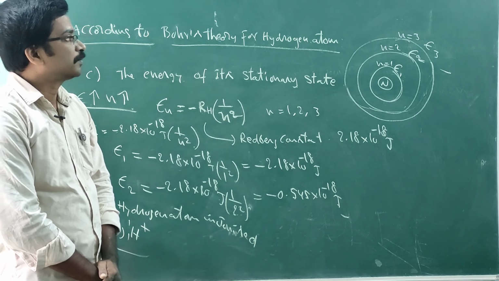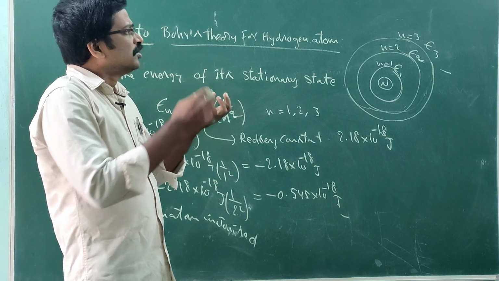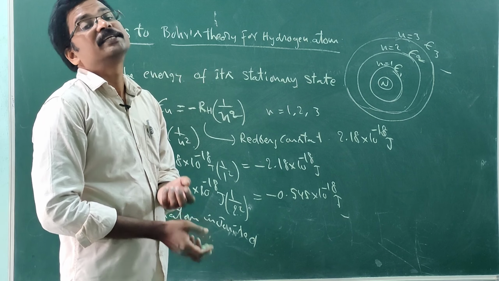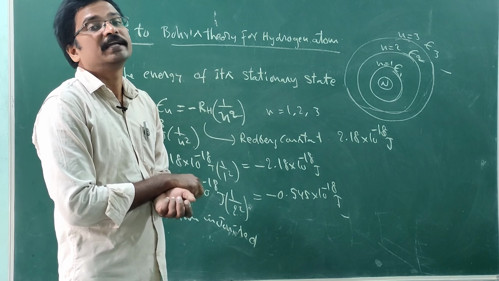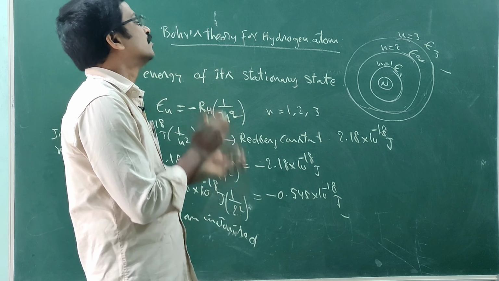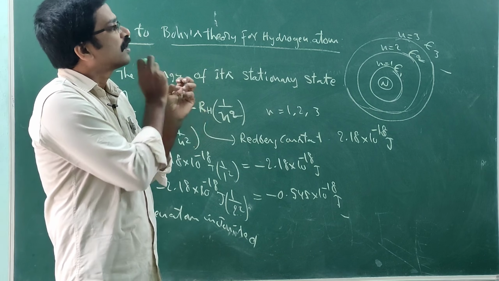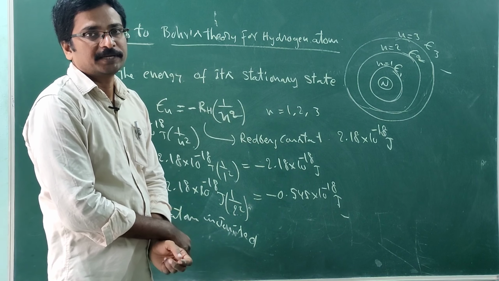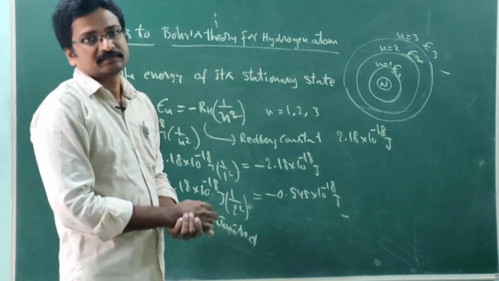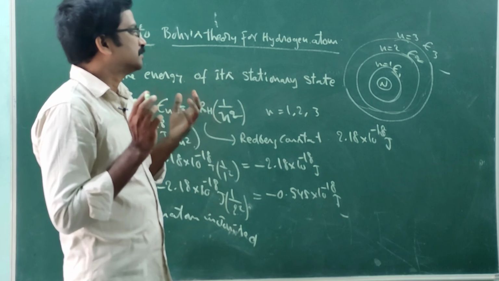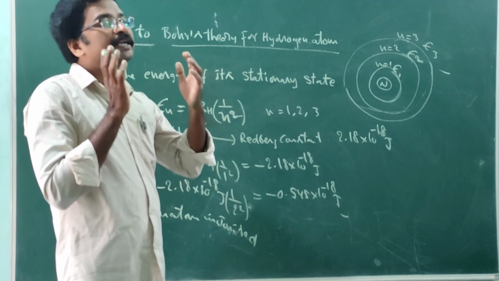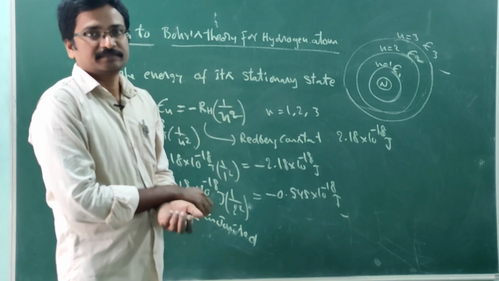And next, another point. If you remove the electron from the atom completely, then what is the energy of the electron? The energy of the electron is 0. Whenever the electron is removed completely from the atom, that electron has 0 energy.